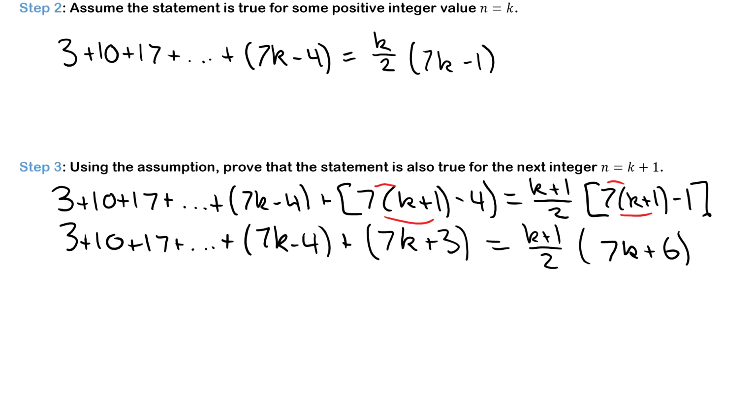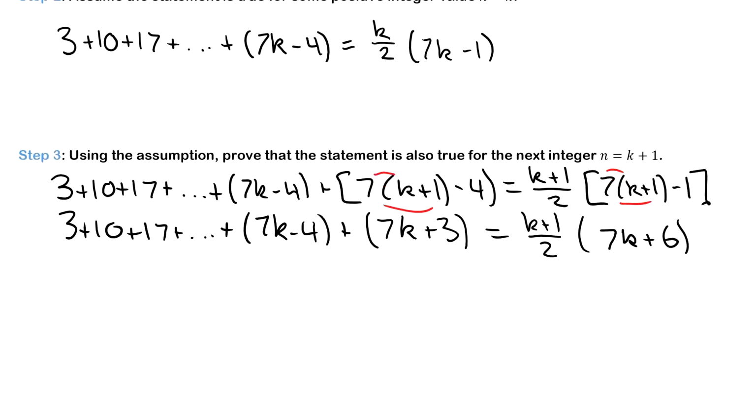So now we do the same thing that we did with our step 1, where we had to prove that n works for left hand side and right hand side. So this time we're going to focus on the left hand side.